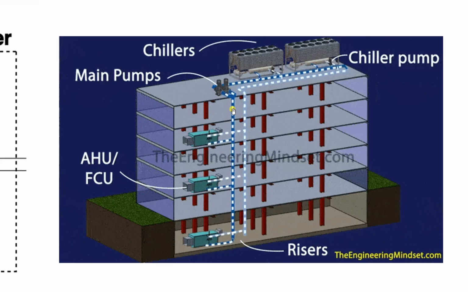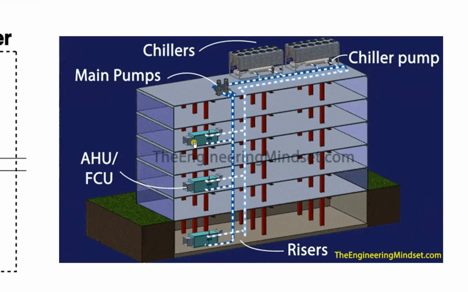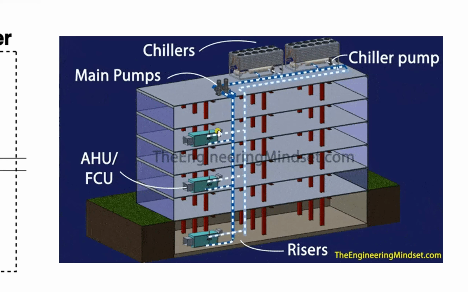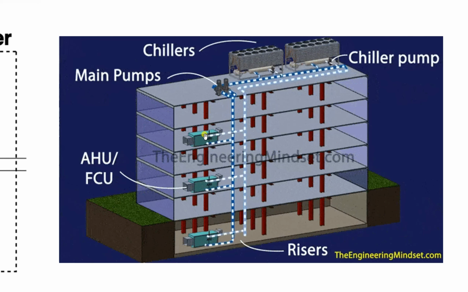So as you can see, cold water enters, and then we have two diffusers here, or two grills. One will take warm air from the room and exchange it with this cold water, and then we provide cold air to the room. And then when the water becomes warm, it goes all the way back to our chiller.